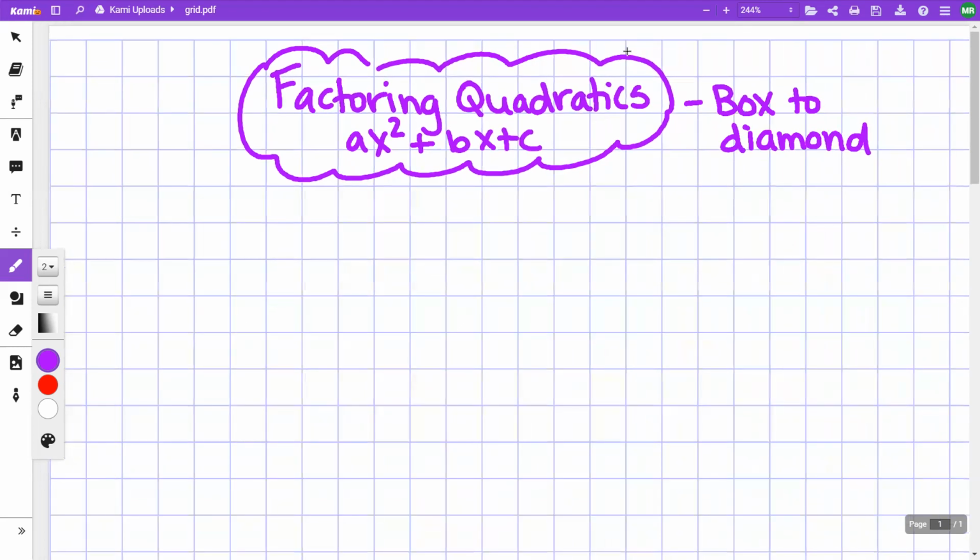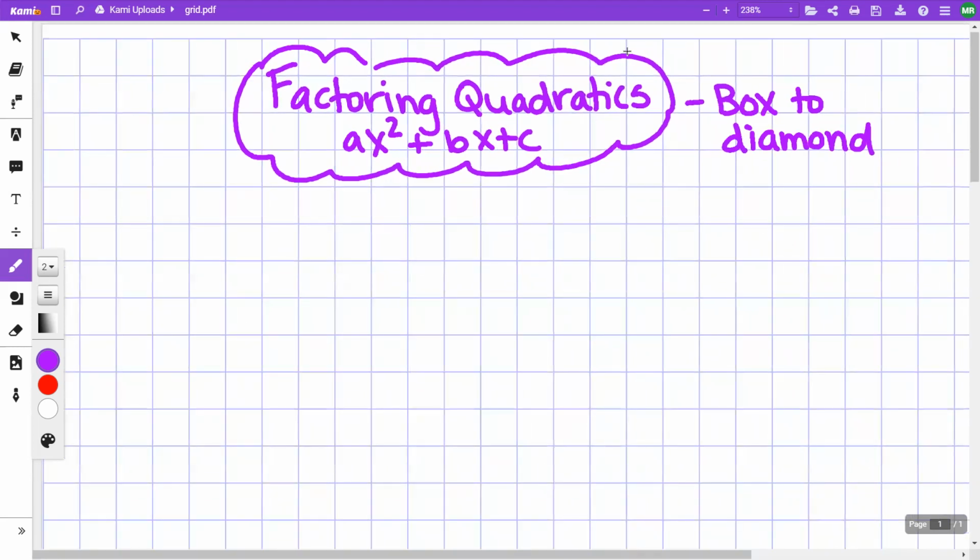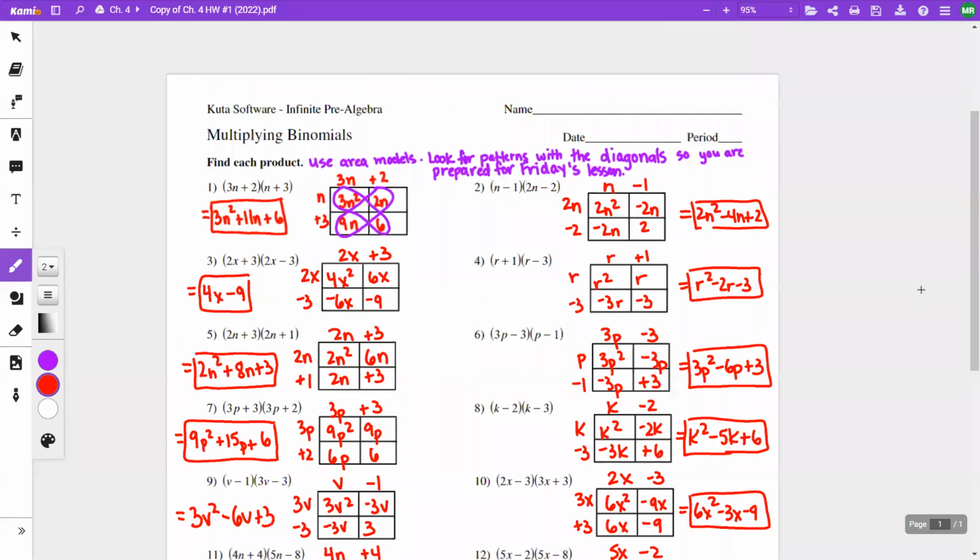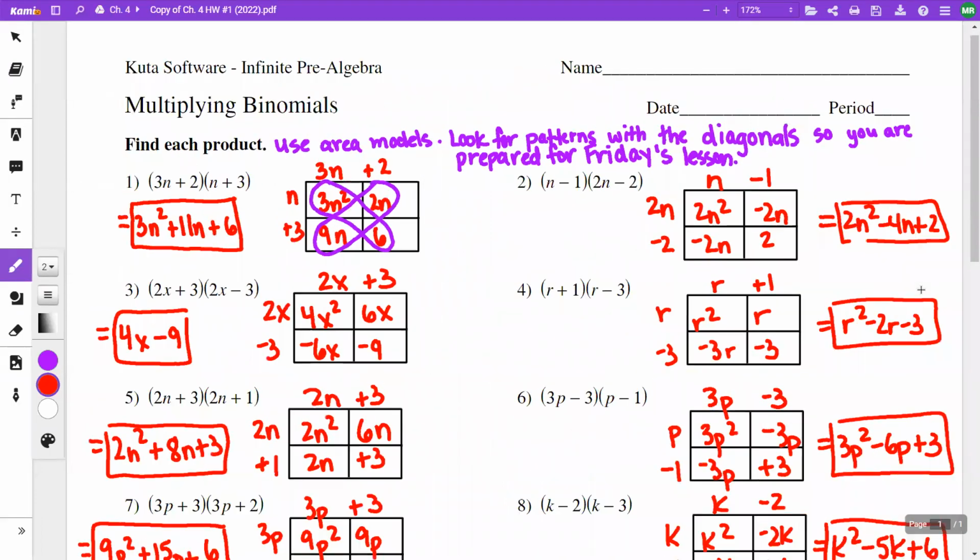Now, what we want to do is look at the worksheet from the other day, where I had asked us to multiply out binomials and see if we saw a pattern. So let me get that one out for us. What you were to look at is the diagonals and see if you see any patterns with them.